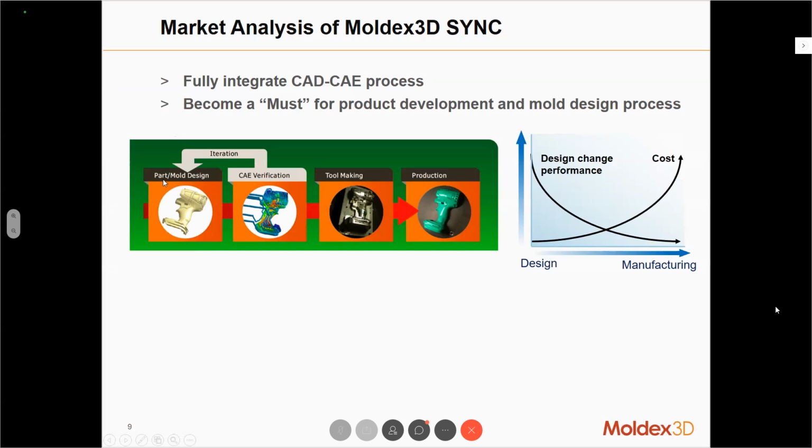From here, as we see, part and mold design, which belongs to CAD software, and CAE verification, we do integration between the CAD and CAE process. Then this is for the CAE, CAM part and the production.